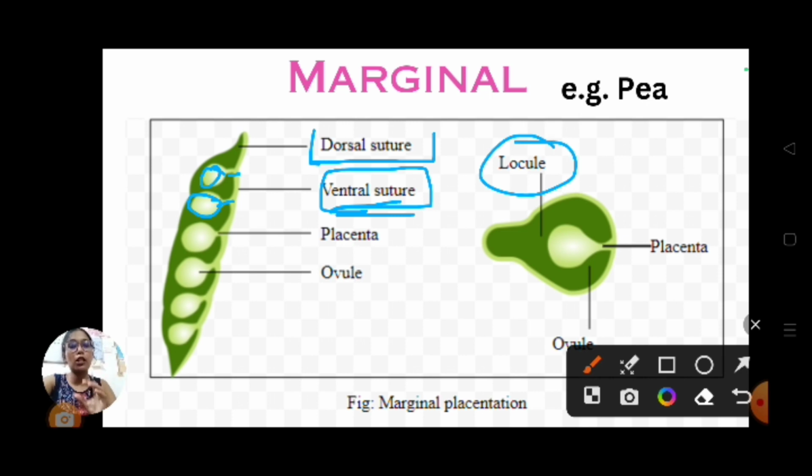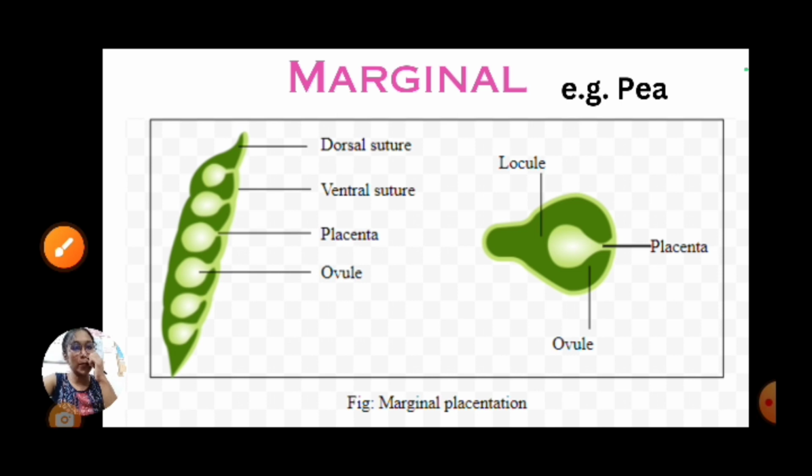In one single locule all the ovules will be present, and this ovule is connected to the ventral suture, means the margin, through a placenta. This is the placenta. Now understood? Marginal type of placentation we can see in pea. Is it clear now?